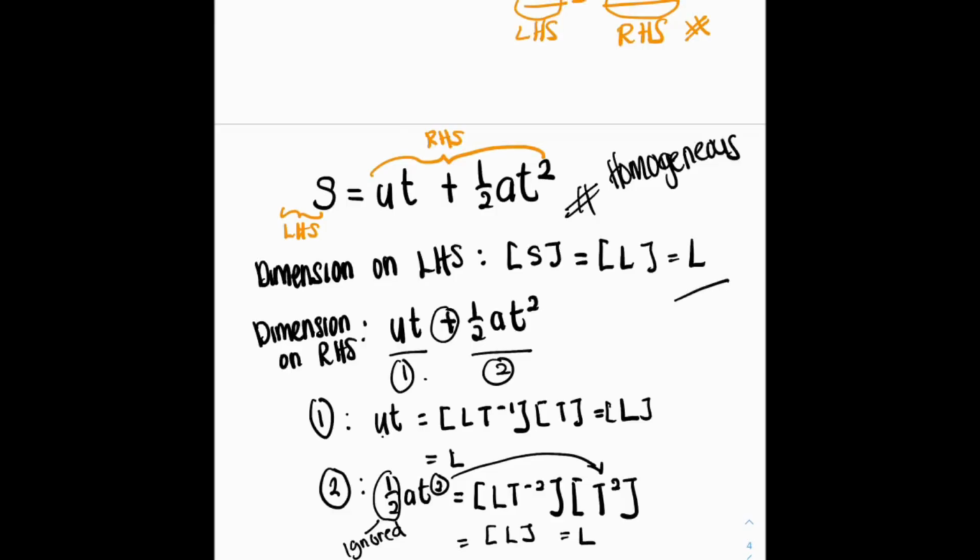Yang kiri sama dengan yang kanan. So equation ini homogeneous. If the term in an equation have different dimension or different units, then the equation is not homogeneous and the equation is incorrect. Let's say kalaulah kanan saya tak dapat L, maka ini adalah non-homogeneous equation.